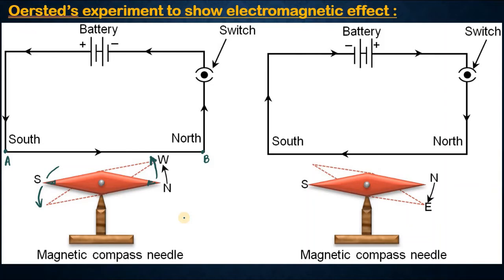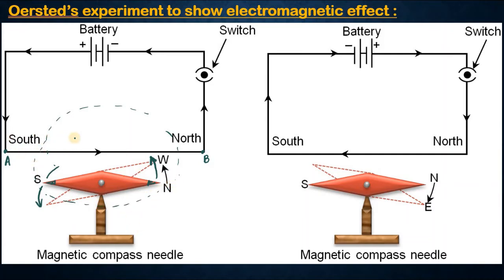And finally, he arrived at one conclusion, that when the current starts to flow through the conductor AB, then that flow of current or that flow of charges creates some magnetic field around that conductor. This is the conclusion drawn by Oersted.